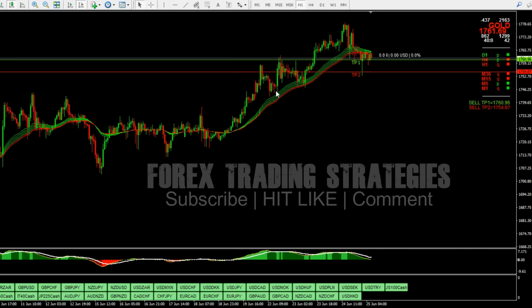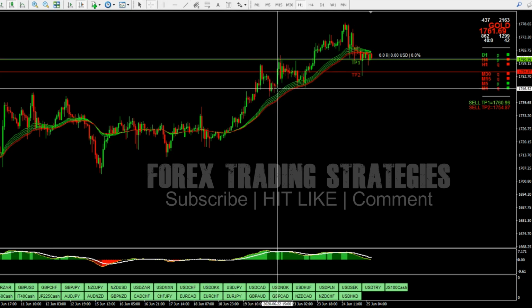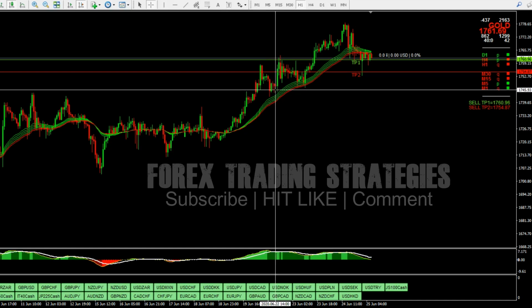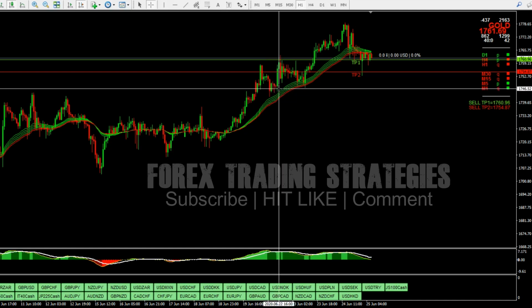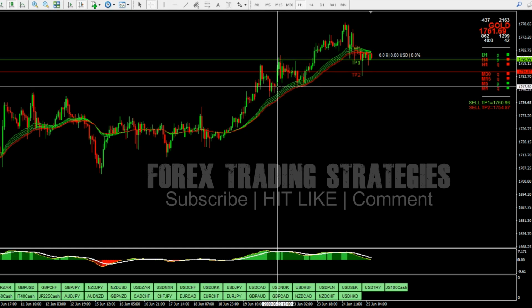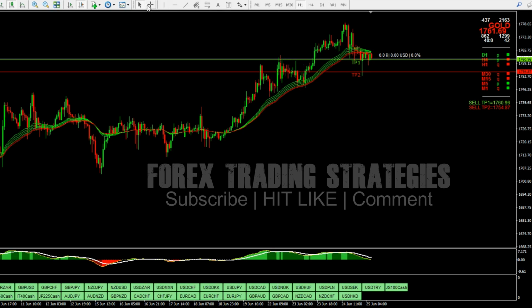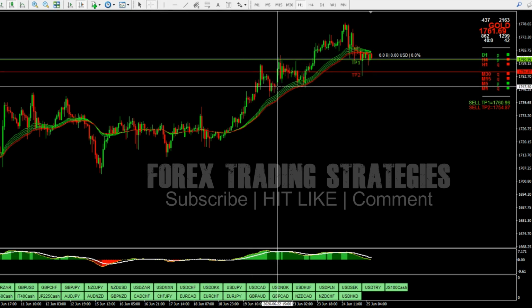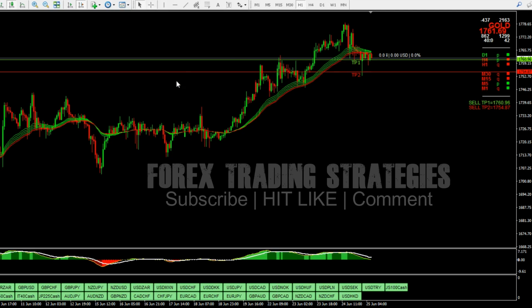Then again you wait for price to come back into the indicator here and watch how it interacts with the indicator. Why I wouldn't take this candle? Because of its size, probably news or something here.